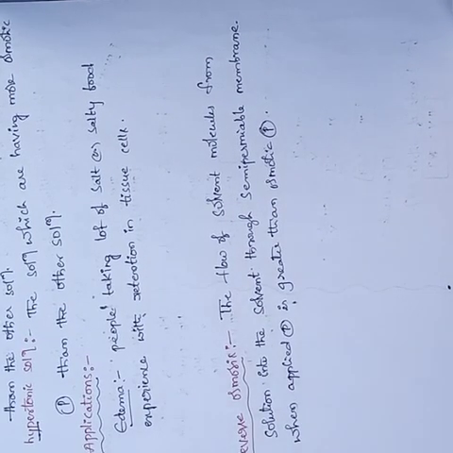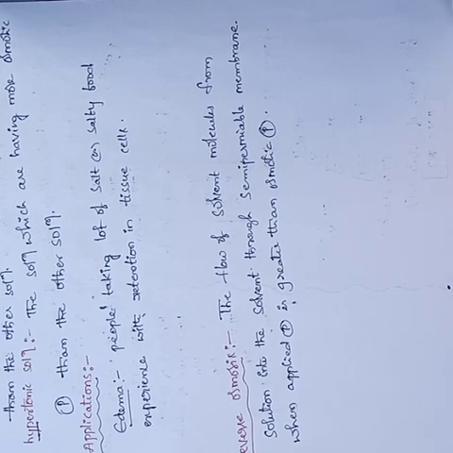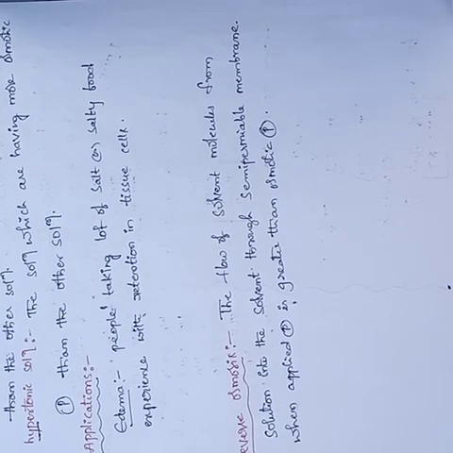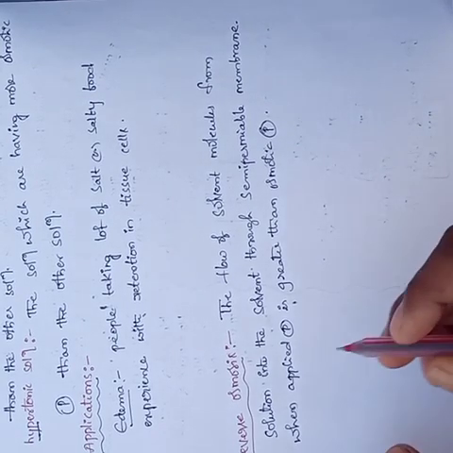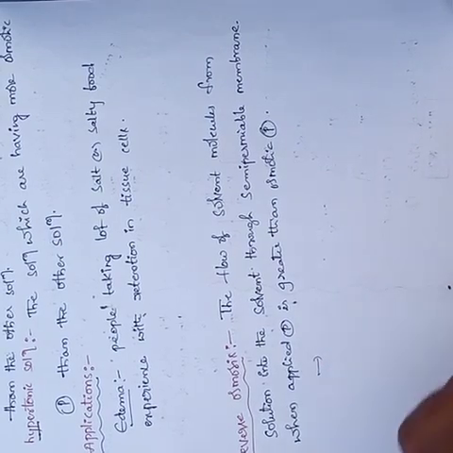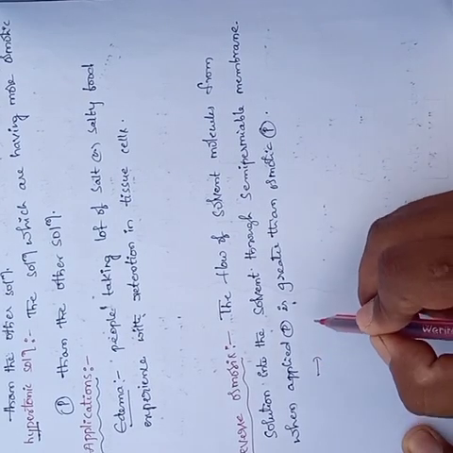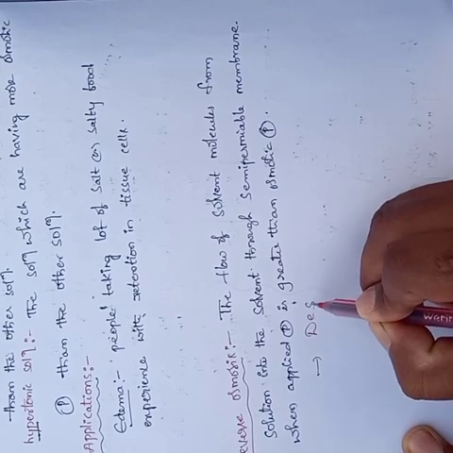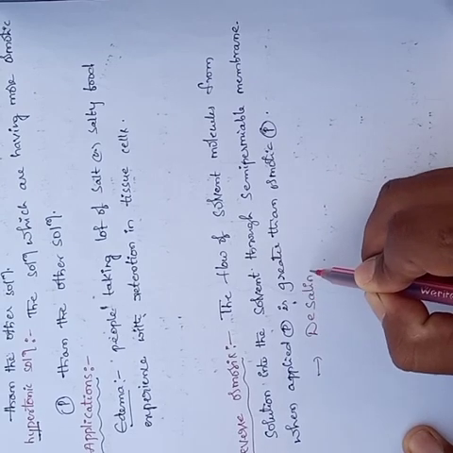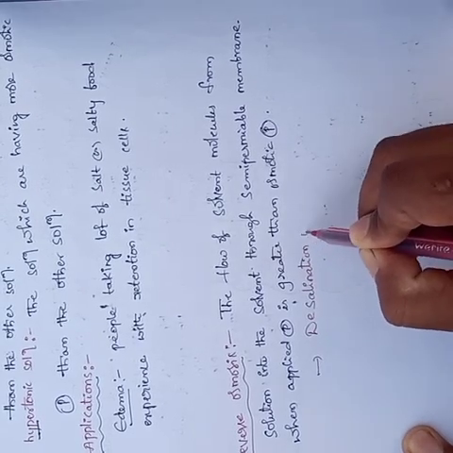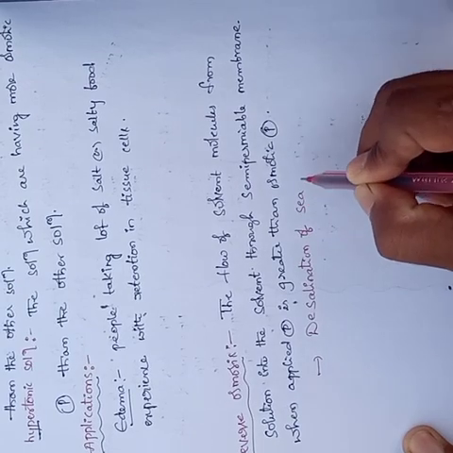So reverse osmosis means what? The flow of solvent molecules from solution into the solvent through a semipermeable membrane when applied pressure is greater than the osmotic pressure. One application of reverse osmosis is desalination of sea water.